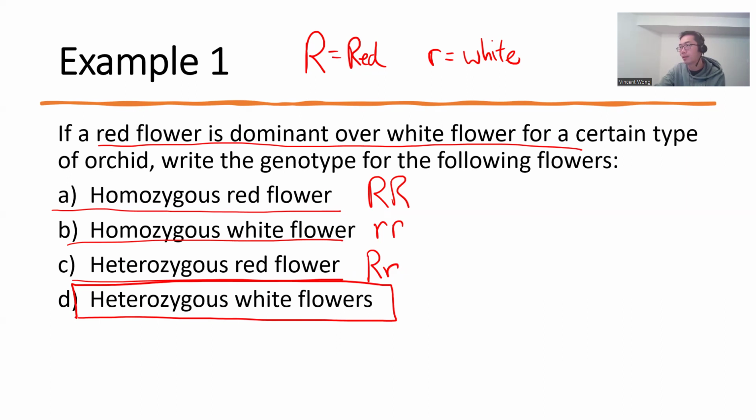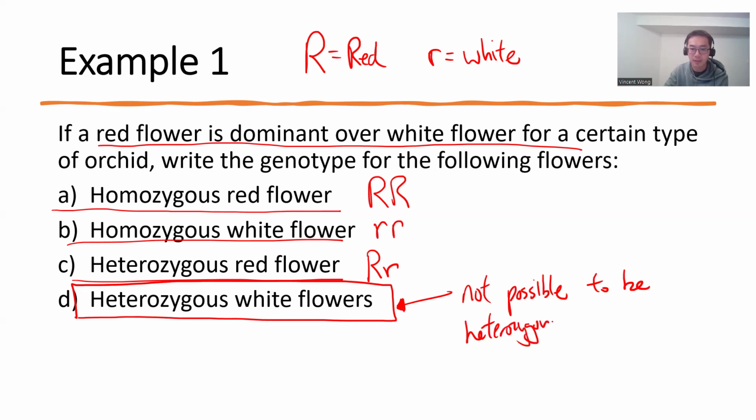Anyone? What is heterozygous white flower? Okay, so this is not possible, right? Not possible to be heterozygous for a recessive trait. If it's recessive, it must be little r, little r. It must be homozygous. Okay? So these two things contradict, not possible.